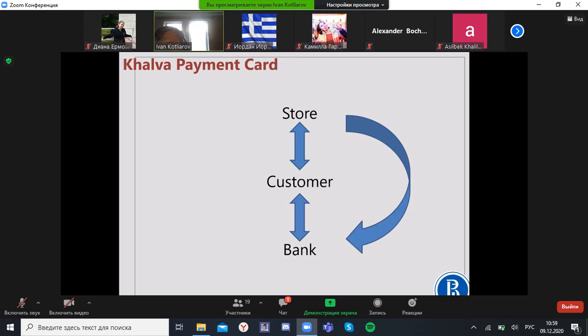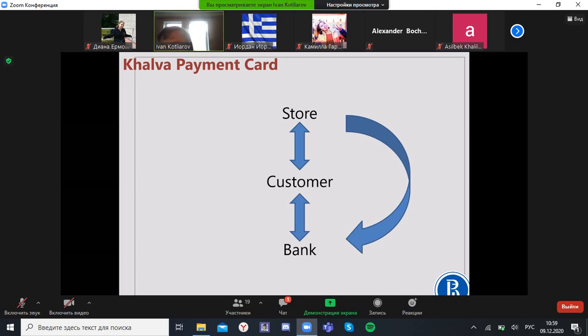What is the situation in case of the Halva payment card? In this case, the store is interested in selling its products to the customer. Obviously, the customer will not be able to buy this product if he or she has no money to do so.